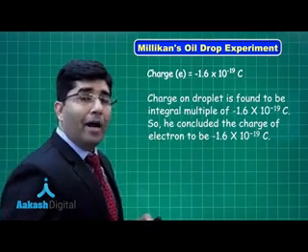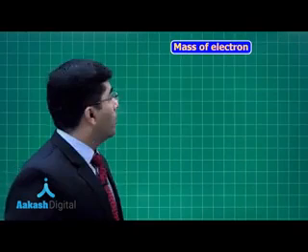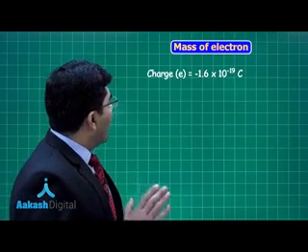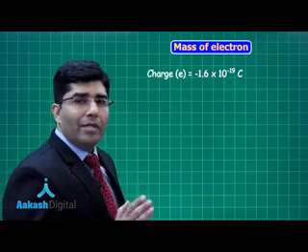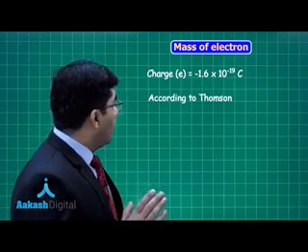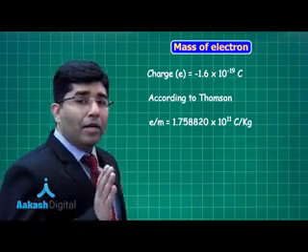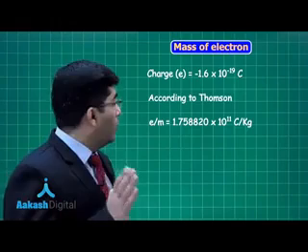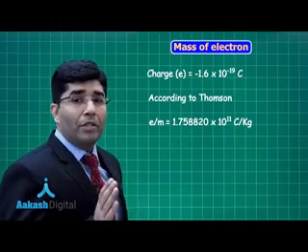Now let's see how they determined the mass of the electron. Millikan said the charge of the electron is −1.6 × 10^−19 coulomb. And according to J.J. Thomson, the specific charge of the electron is 1.758820 × 10^11 coulombs per kg.